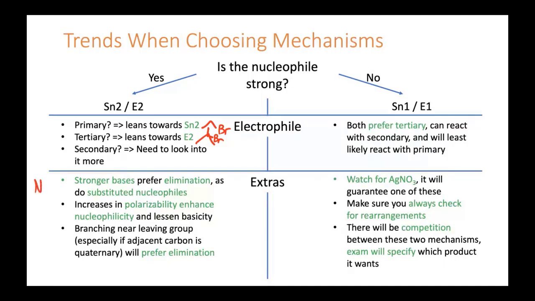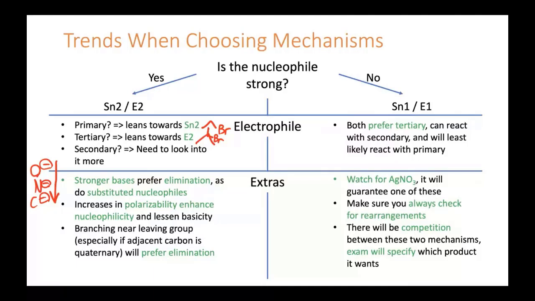So we could have nitrogen minus or carbon minus or oxygen minus. Those three basic strengths increase going this way. So carbon minus is our strongest base, and that is just because of that trend, the periodic trend.